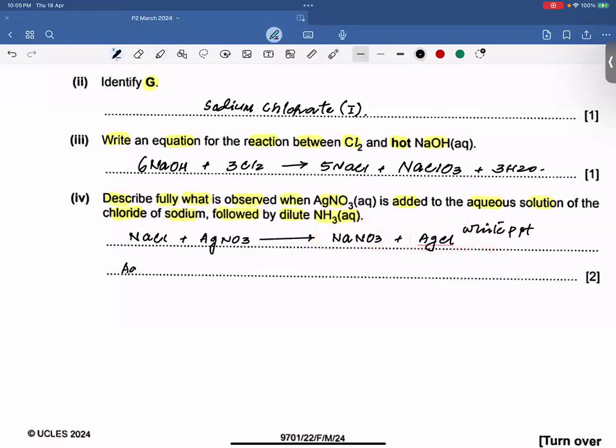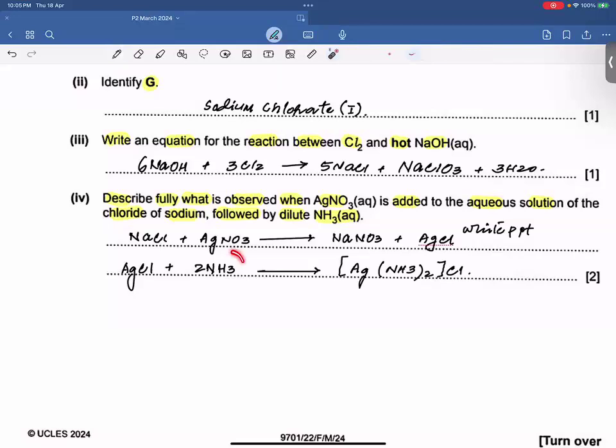So when the white precipitate of AgCl is treated with dilute aqueous ammonia, the white precipitate dissolves and gives you a colorless solution. And the formula of the colorless solution is going to be like this. Okay. I hope it makes sense to you.